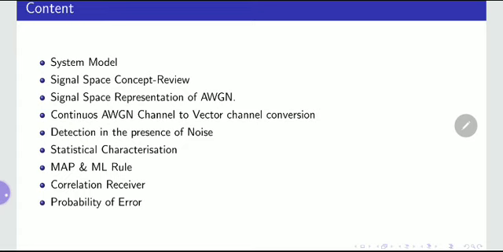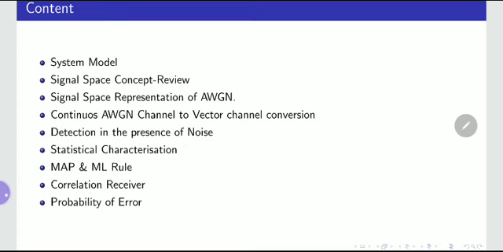Then we will study how a continuous AWGN channel can be converted to a vector channel. Then we will move on to signal detection. Then we will characterize it mathematically, both the signal, noise, everything.